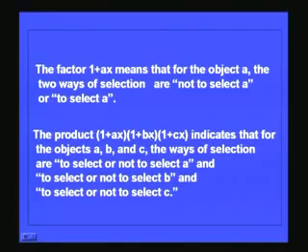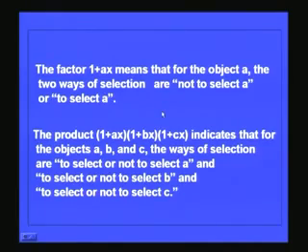You can select or not select C, and that is represented like this. So together this gives you the number of ways of selecting one object or two objects or three objects out of the three objects A, B, C, and the coefficient of x to the power r on the right hand side gives you the possible ways of selecting r objects out of these three objects.